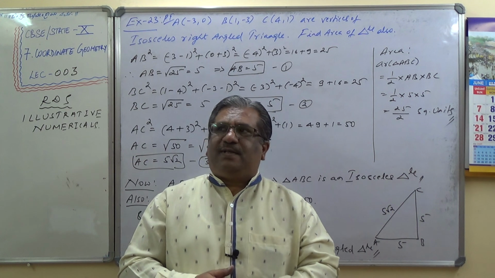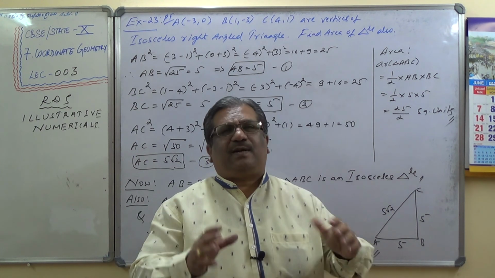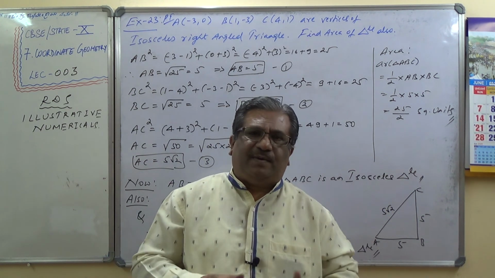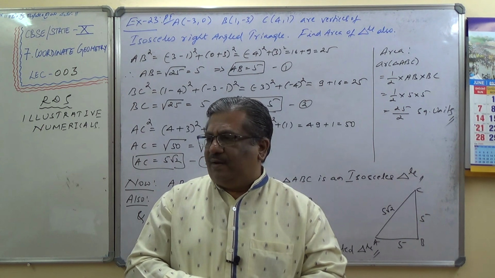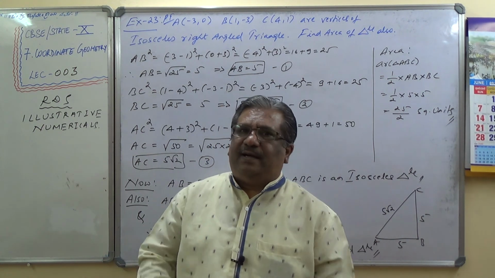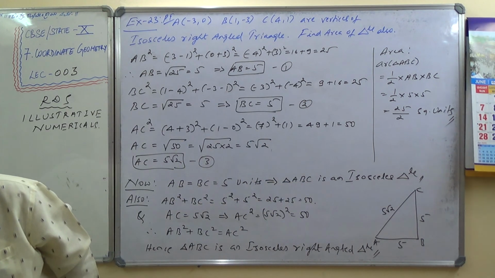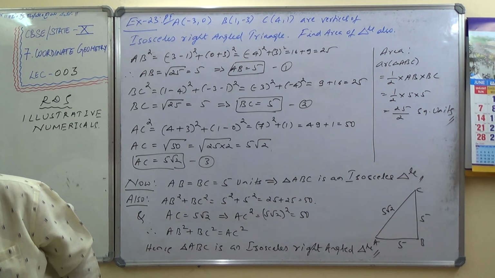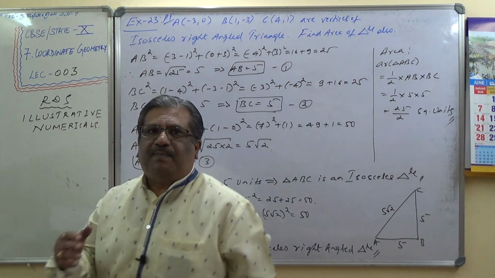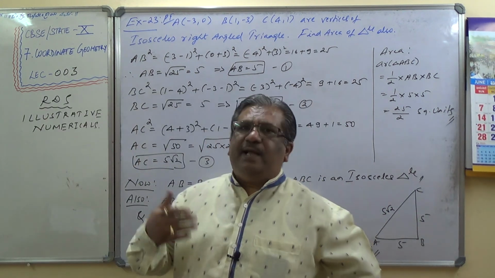Okay. So this is relatively easy, but some numericals are quite complicated in terms of quadratic equations and all. One example I will give you here, and then I will close this one. Example number 22. You try yourself.